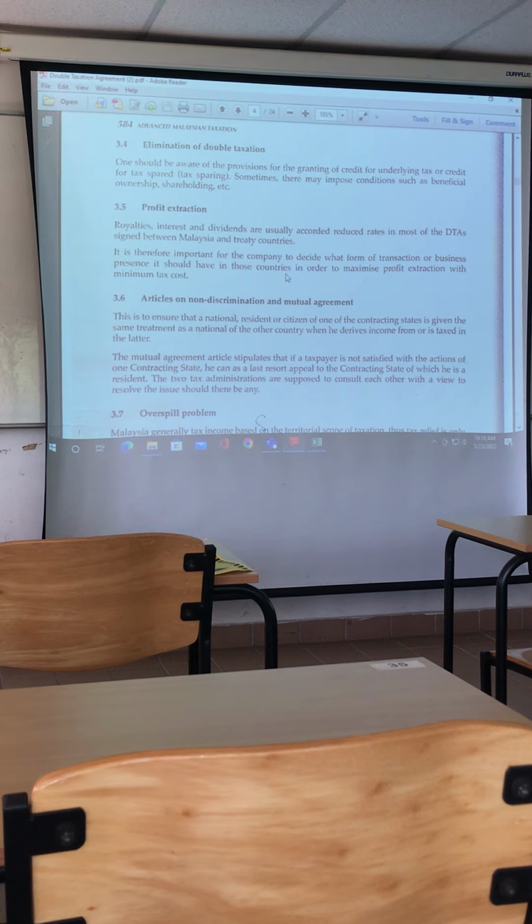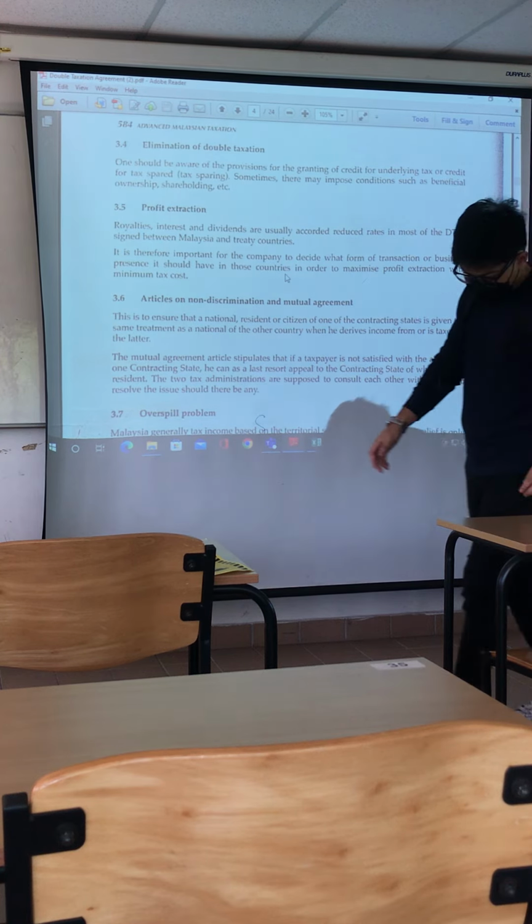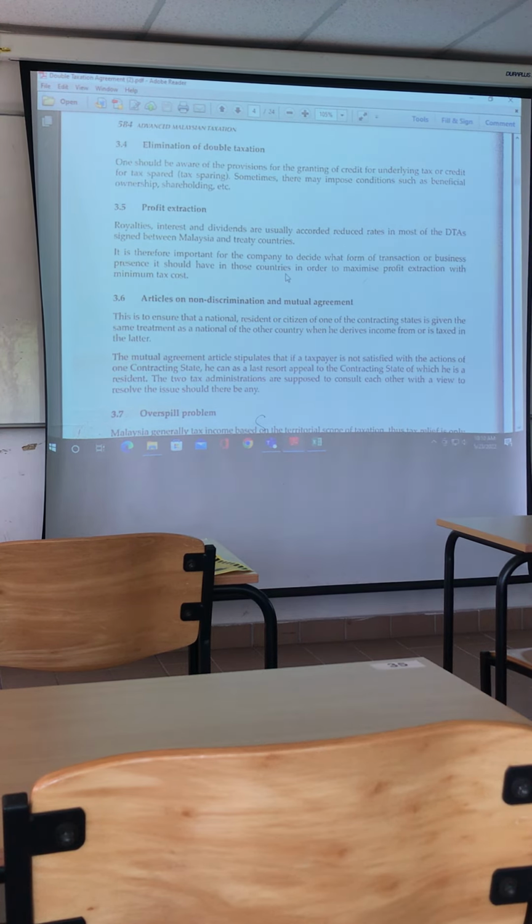Profit extraction. This one is only for you to understand the terms under double tax agreement. So when I say profit extraction, remember that you are talking about cross-border activities. Cross-border means that you are not in your own country. You are having business or activities outside Malaysia, or the other countries have business or activities in Malaysia.